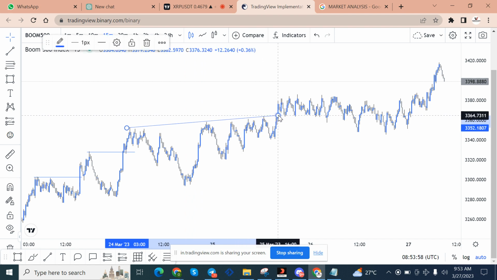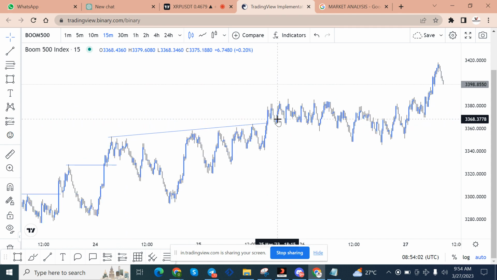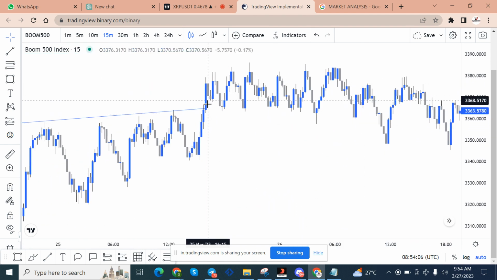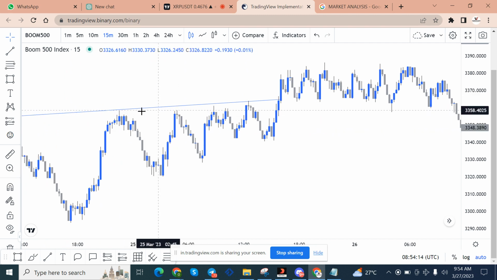If we want something that meets the criteria, it's going to be this diagonal break of structure, because at this point, if you look at this squarely, the body of the candles can be said to be what is actually breaking the structures. This particular high did not break this. This high did not break this. Neither did this high break this one. So none of them are valid breaks of structure.